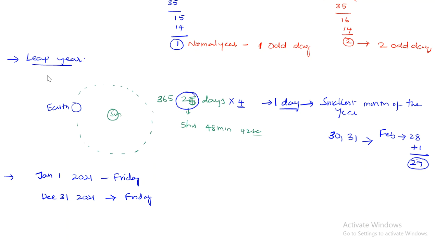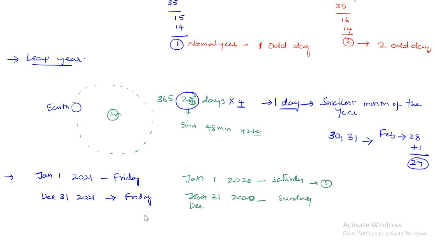Suppose January 1st, 2020, a leap year, is a Saturday. Then December 31st, 2020 will be a Sunday, because it's a leap year, so it counts one extra day.